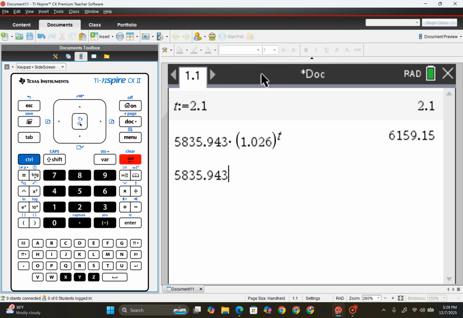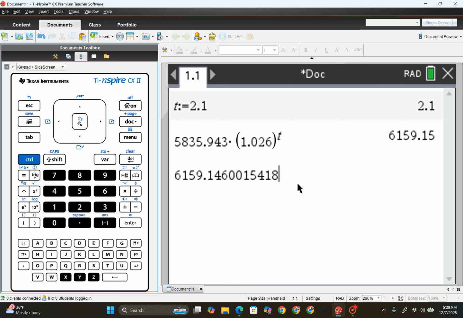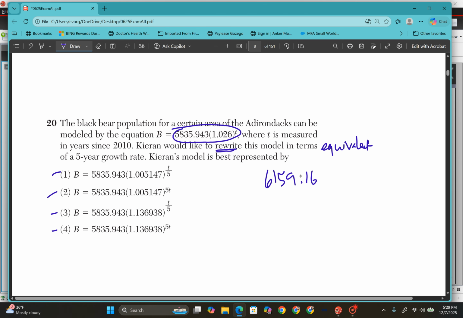So if you go up here and you hit enter, that will be the full value, 6,159, and you have to actually write this down, 6,159 point, and then 14600, and you have to see which one gives you the closest answer, and that one is 3.